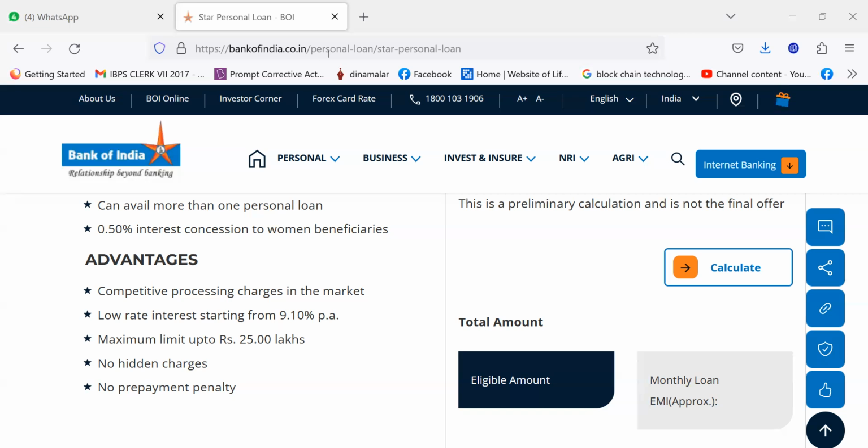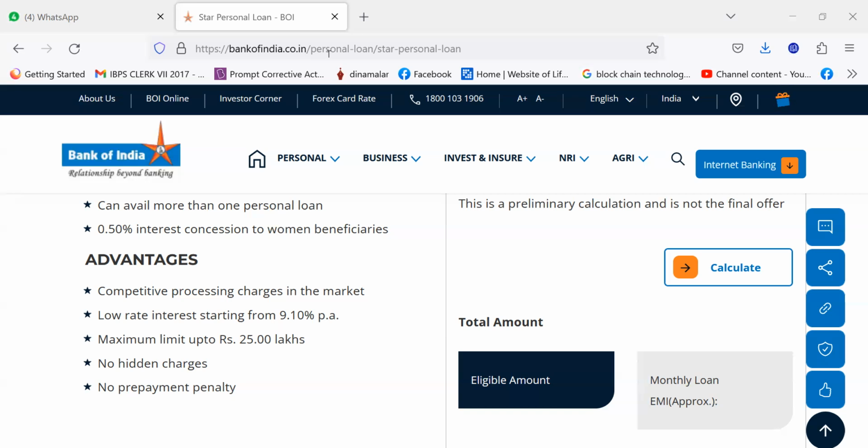Yes, sir. Bank of India provides various advances products like Kisan Credit Scheme, Home Loan, Education Loan, Gold Loan, Vehicle Loan, Mudra Loan. But I will discuss the Kisan Credit Scheme. Kisan Credit Scheme is to support farmers and agriculture activities.